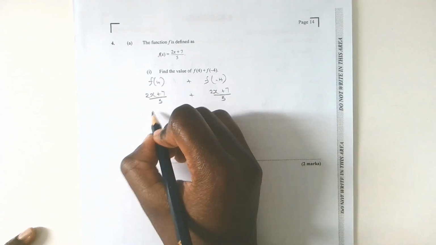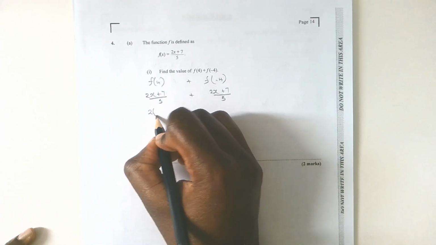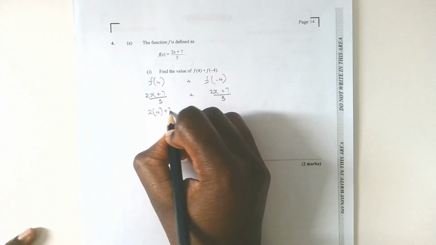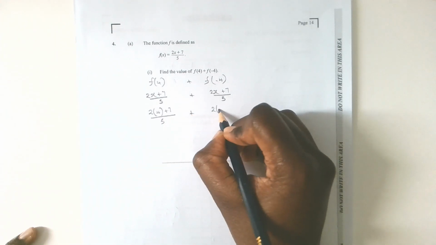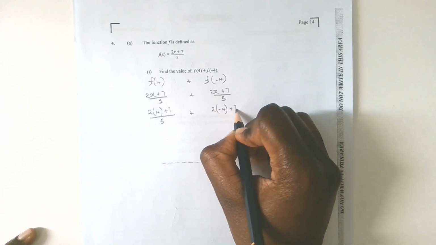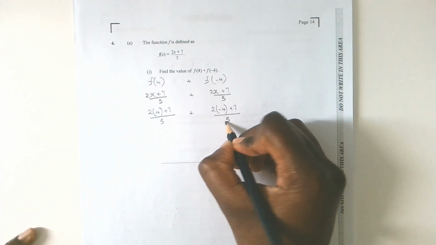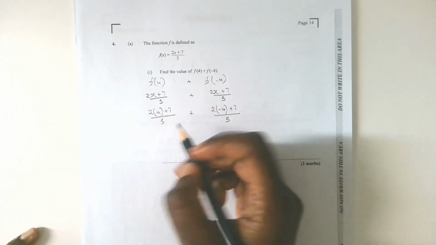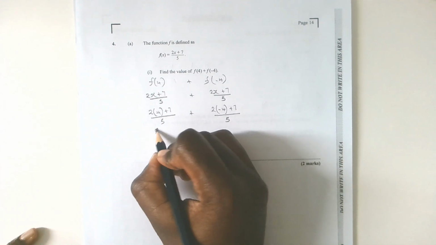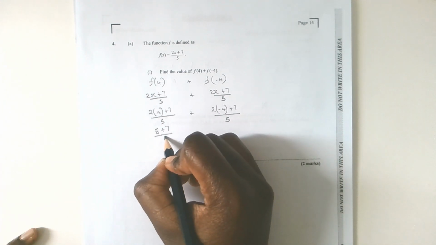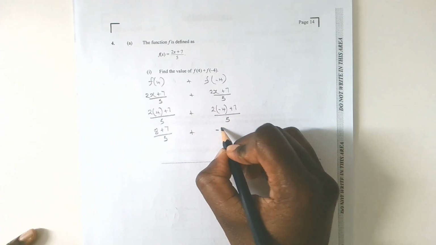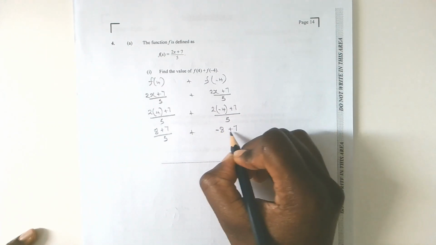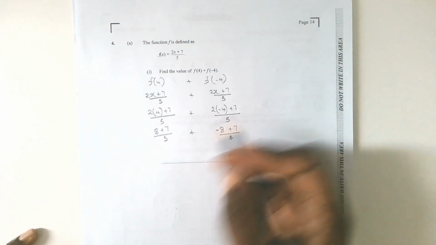Our x here is going to be 4, so we substitute that value. So we're going to have 2 times 4 plus 7 divided by 5 plus 2 times -4 plus 7 divided by 5. 2 times 4 is 8, so we have 8 plus 7 divided by 5 plus 2 times -4, which gives us -8 plus 7 divided by 5.